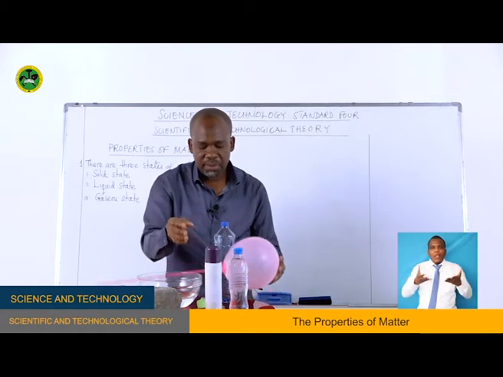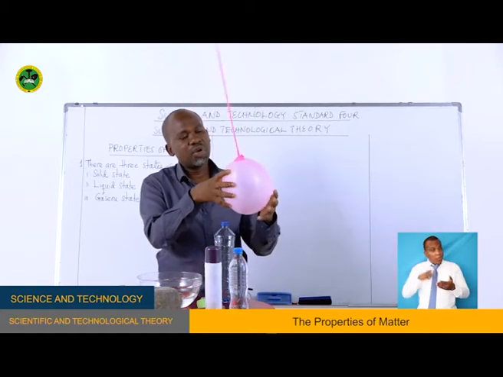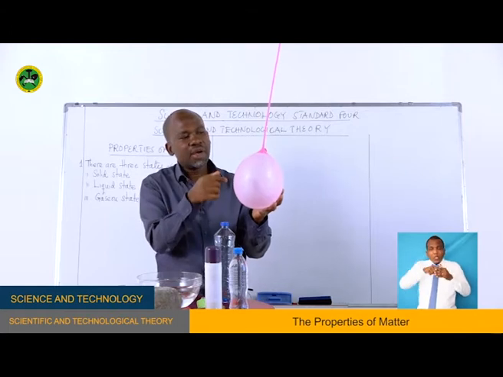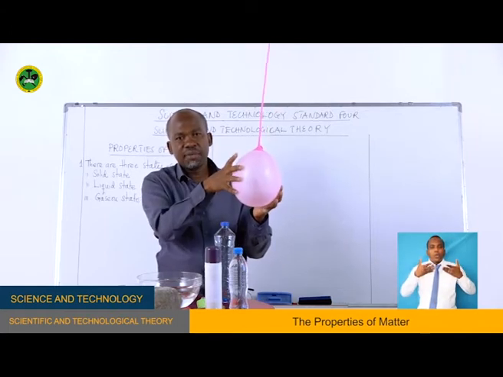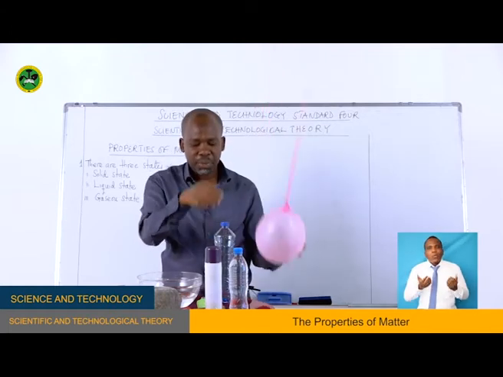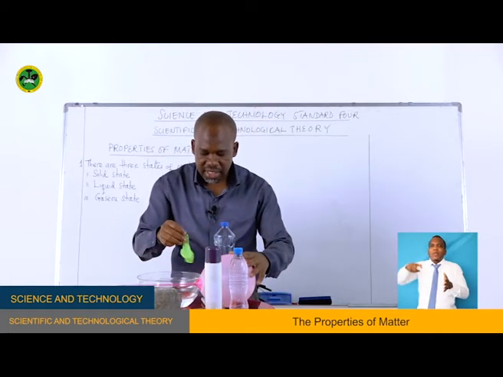That's why you find a balloon here. Inside the balloon here, there is air. You apply air inside the balloon, but you can apply more and more by compressing it. Just take a look.